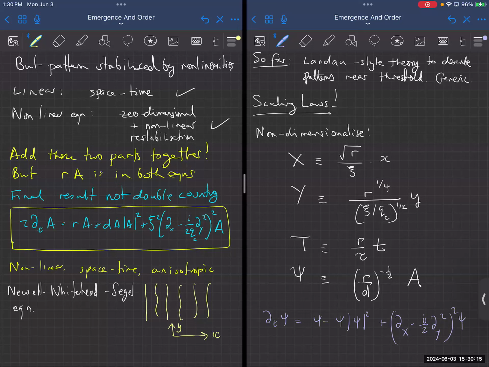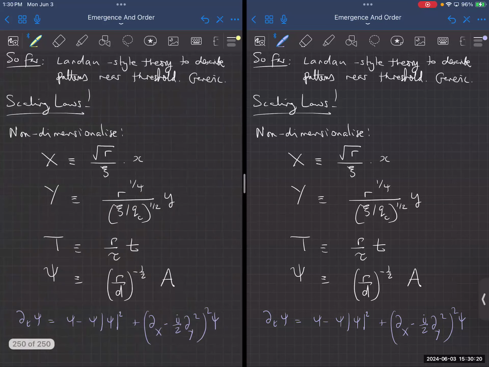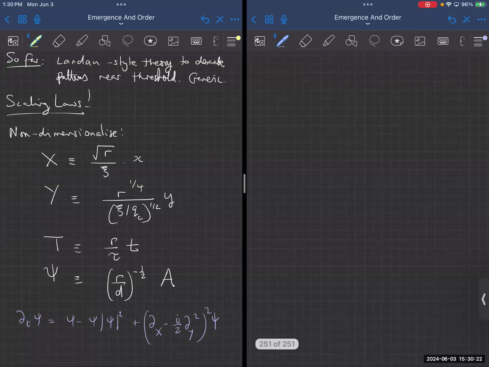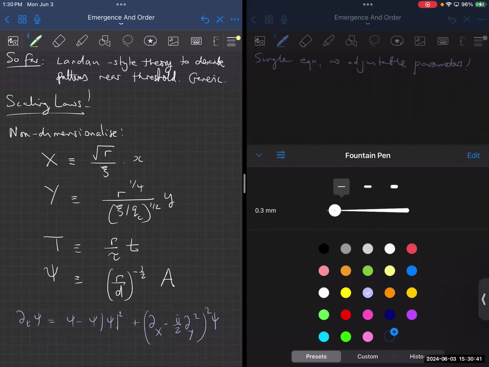So you've got a single equation with no adjustable parameters that describes the pattern formation. And what it tells you is that it has experimental implications.